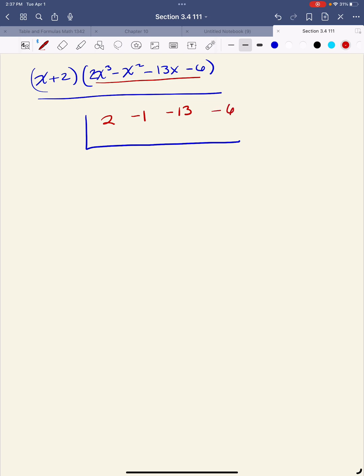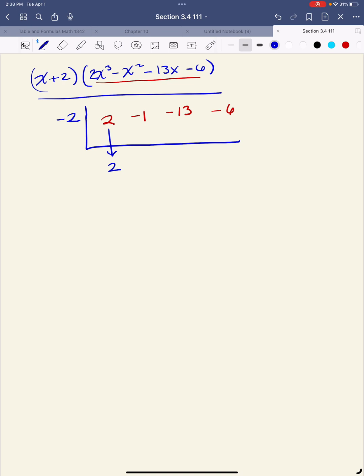Now, again, what would we use? We still have that giant list of factors. We've got so many to choose from. Well, again, for the sake of time and for the sake of practice, I'm going to use -2 again. I just want to see if it works. Maybe I know something, right?